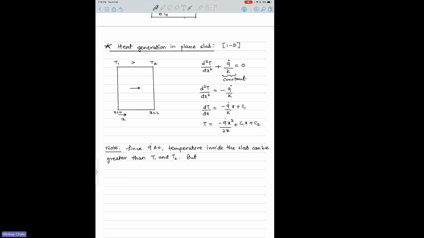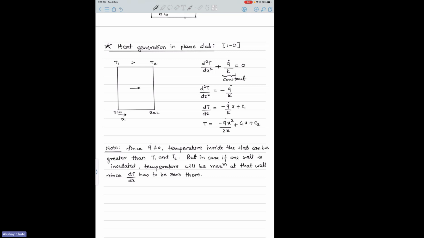But in case one of the walls is insulated, the temperature will be maximum at that wall, since dT/dx has to be 0 there.